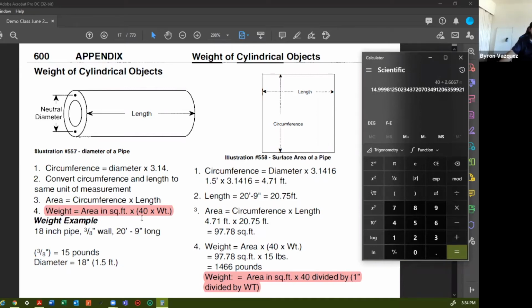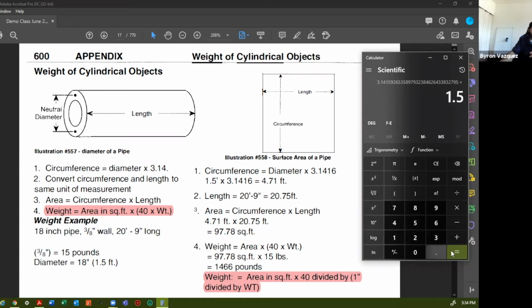The easiest being multiplying 40 with your wall thickness. And so why don't we go ahead and try to calculate this? So we know we have to calculate the circumference first, which is going to be pi times diameter. So we'll go pi times, and our diameter is 1.5 feet, which is 18 inches, if you do the math.